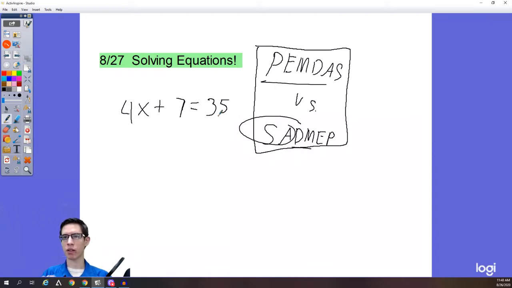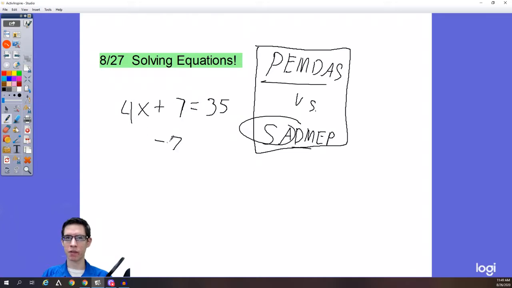And we're going to start with addition, subtraction. And the only situation where we have addition is here, the plus 7. As with every operation that we do in solving an equation, the way we take care of this is we're going to do the opposite thing, whatever the opposite is. So the opposite of addition is subtraction.